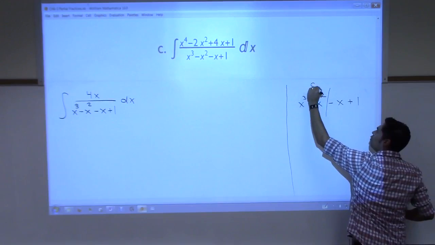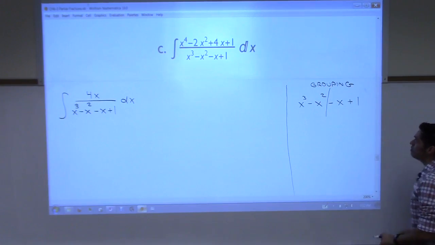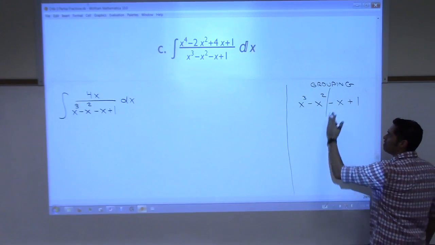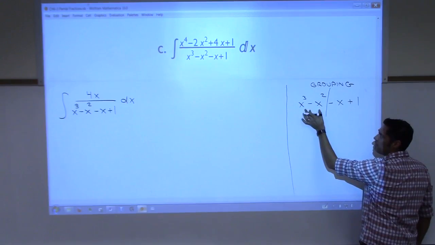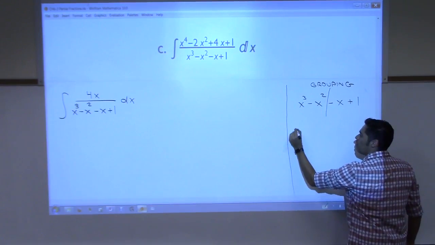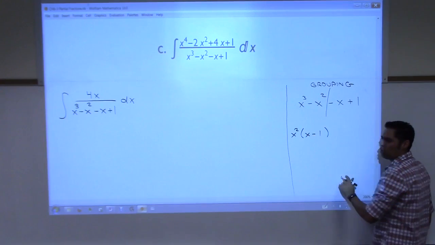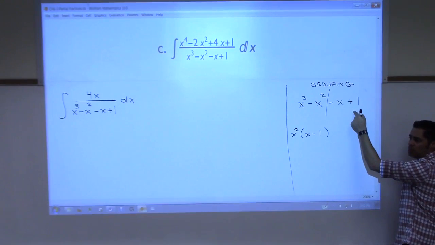This method is called factoring by grouping. If you don't know what I'm talking about, you'll need to YouTube that or go back to your old notes. Grouping works by splitting it up and factoring first the first 2. Pull a GCF out of these: x squared. What's still left in the first 2? x minus 1. Now for grouping to work, you need to have an x minus 1 over here also.